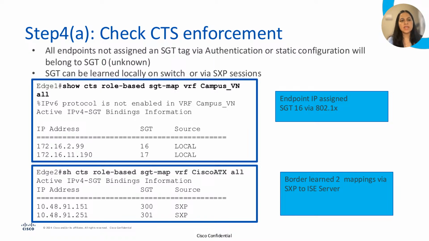The other thing to check is the CTS enforcement. The classification maps an IP to an SGT, as I mentioned earlier. This is accomplished dynamically where possible, and it's also done statically otherwise. All endpoints that are not assigned any SGT tag will belong to SGT 0.